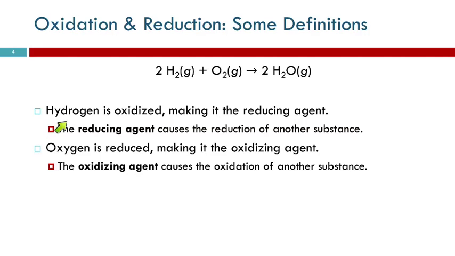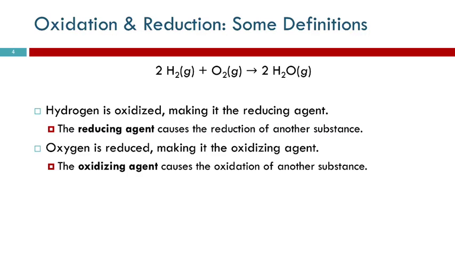So here, the hydrogen gets oxidized. It's the reducing agent because it causes the other substance to become reduced. Oxygen in this equation is being reduced, so it's the oxidizing agent. The oxidizing agent causes the oxidation of something else.